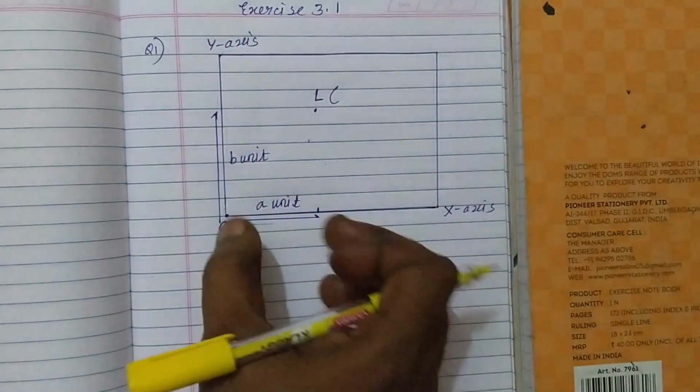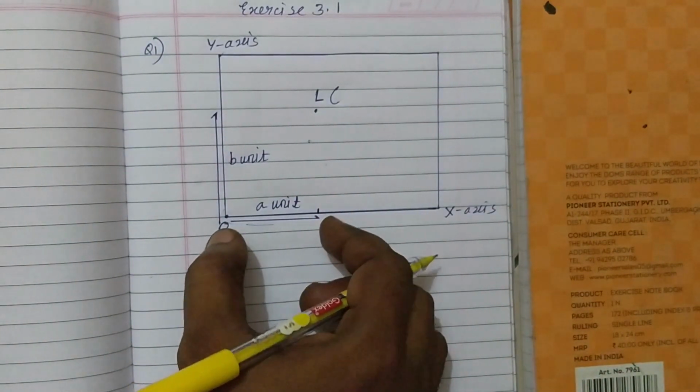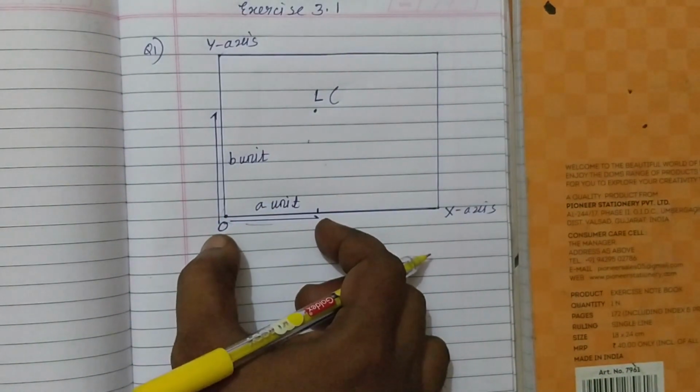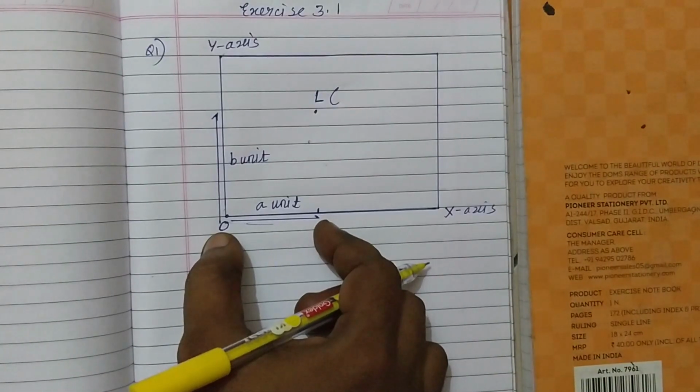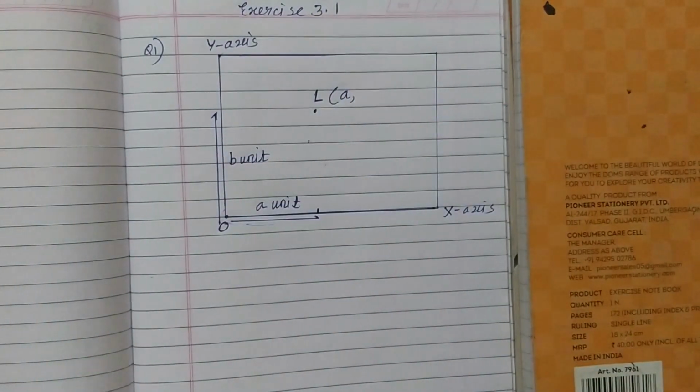Okay, that means the x coordinate is nothing but the distance of the given L from the origin with respect to the x axis. So it is a units, so your x coordinate will be a.